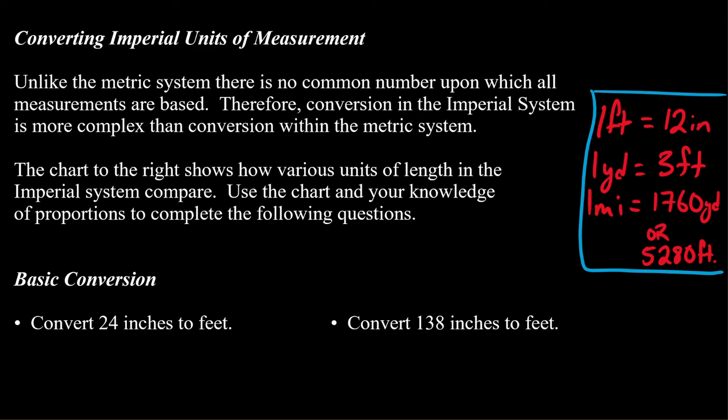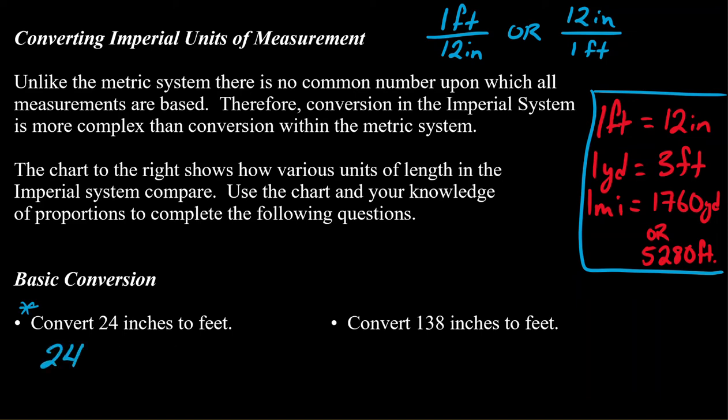We can rewrite that as 1 foot in 12 inches, or as 12 inches in 1 foot. Now, we've got an example down here. It says convert 24 inches to feet.